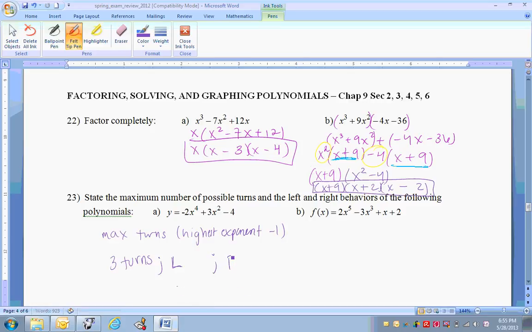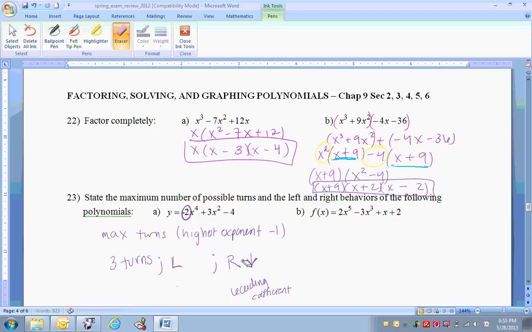You always have to find your right behavior first, and the way you find your right behavior is you look at the leading coefficient. If the leading coefficient is negative, your right side behavior is going to go down.